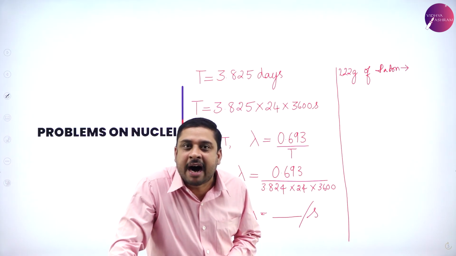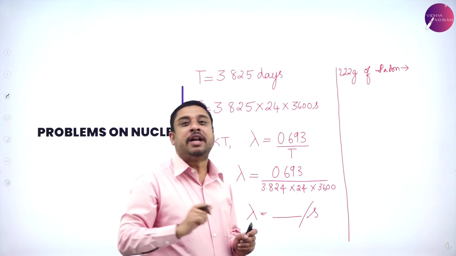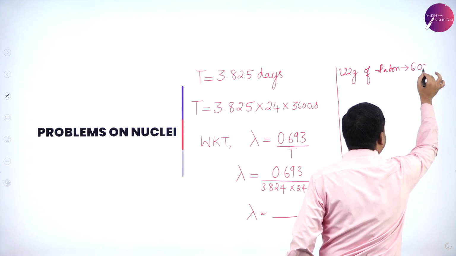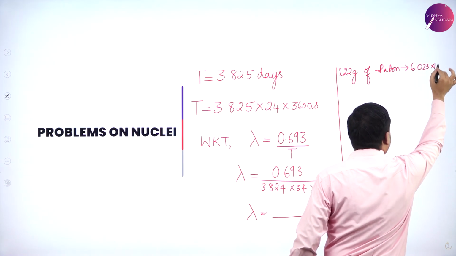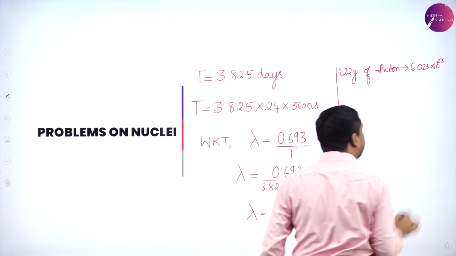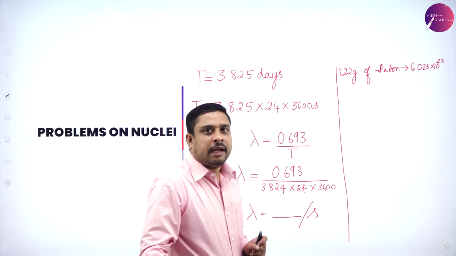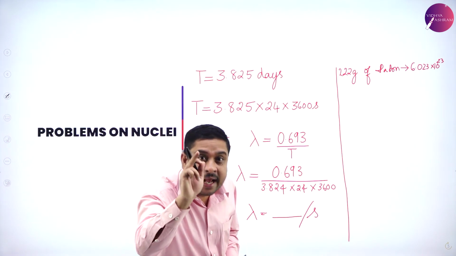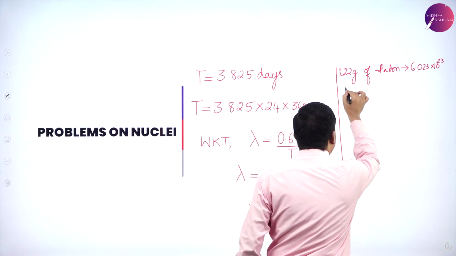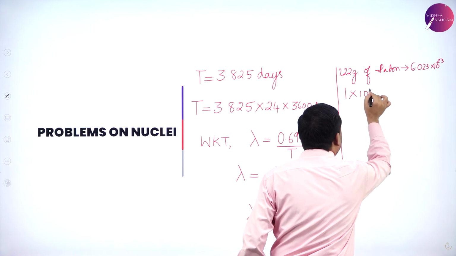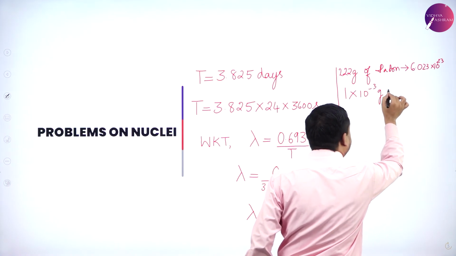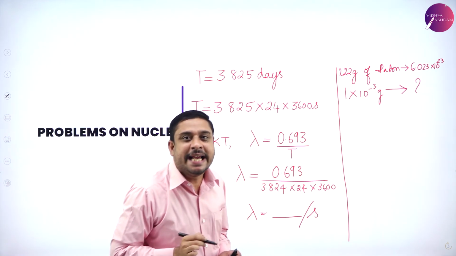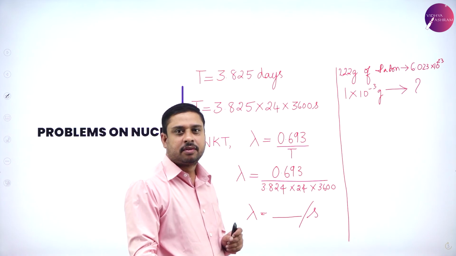Any given mass has Avogadro number of atoms, 6.023 into 10 power 23. I have to find the number of atoms in 1 milligram of radon. So 1 into 10 power minus 3 grams consists of how many atoms?